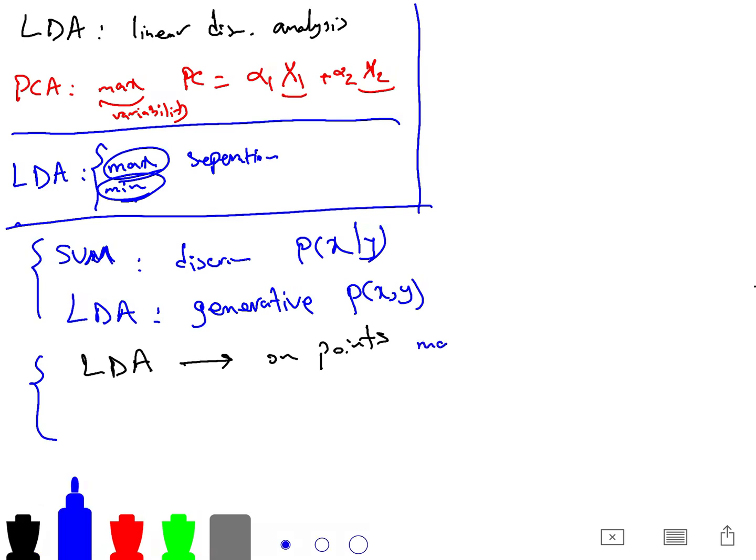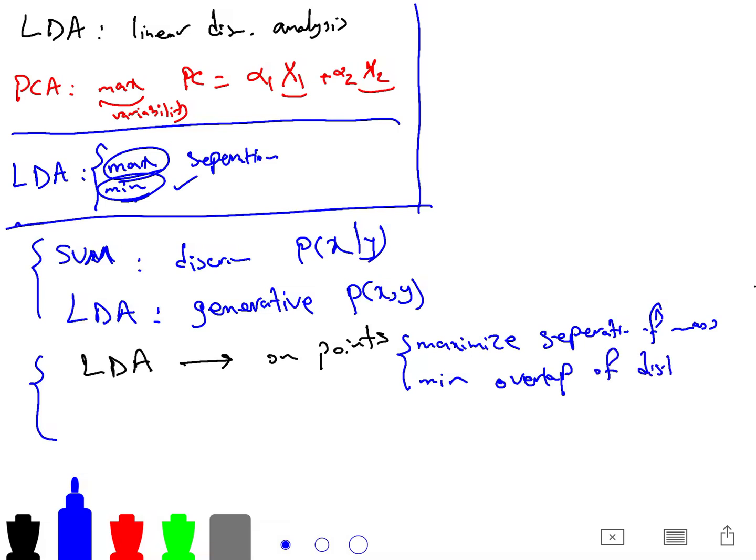So you want to maximize separation of means, and simultaneously, as I said, you want to minimize within class variation, minimize overlap of distributions.